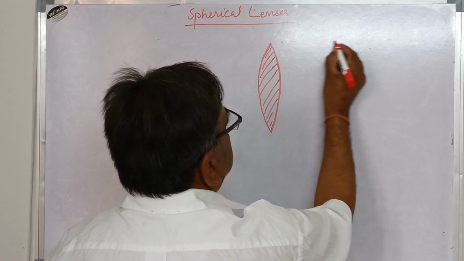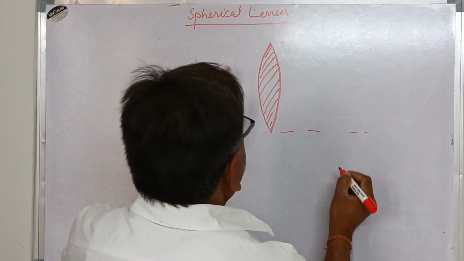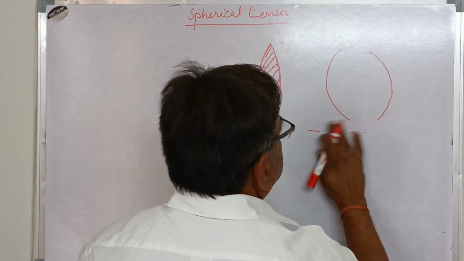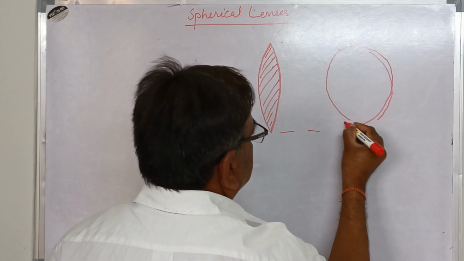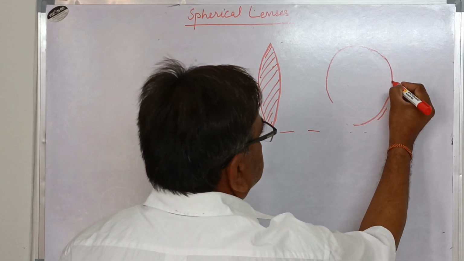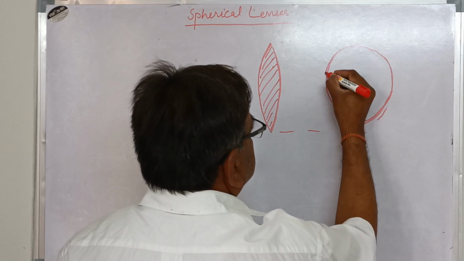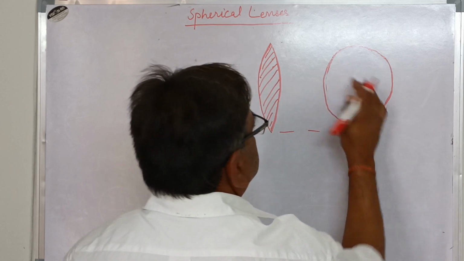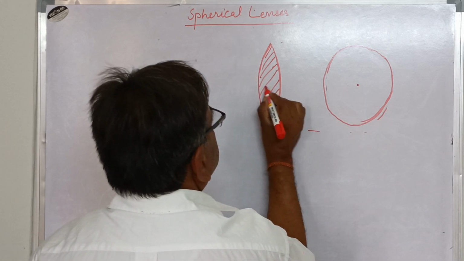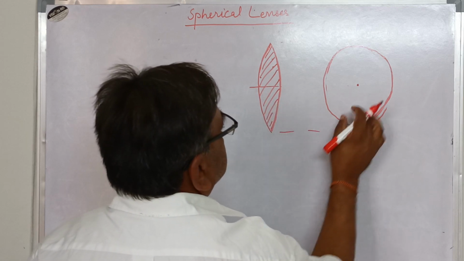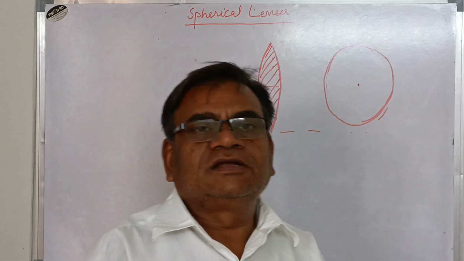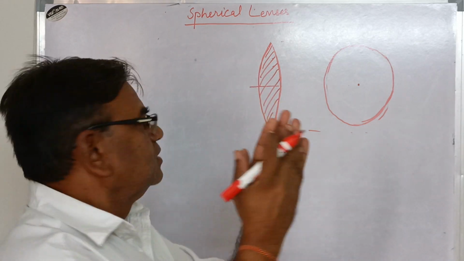If you see from this side, the shape will be like a disc, a round disc. The middle portion bulges. Now two spherical surfaces are joined together in this way.